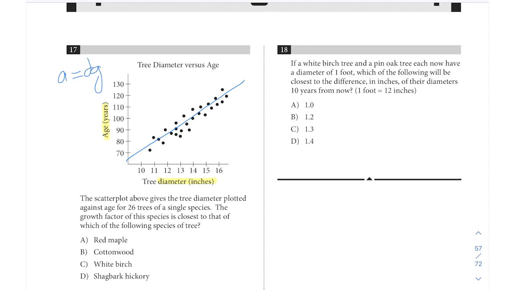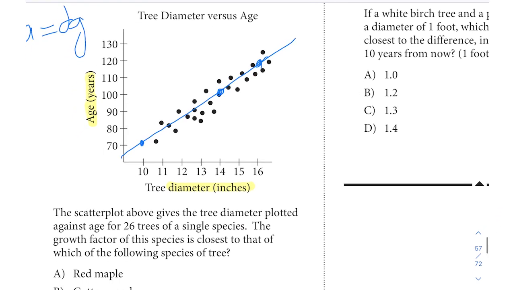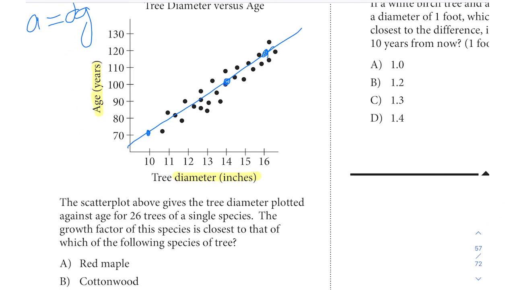So for age, let's just try a few points, and I'm going to zoom in a little bit. Let's try an early point on our line of best fit, maybe somewhere midway through, and maybe one point towards the end, just to make sure that we're not getting wildly different values for that growth factor.